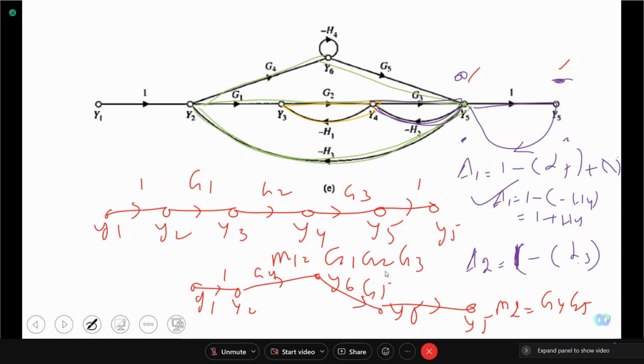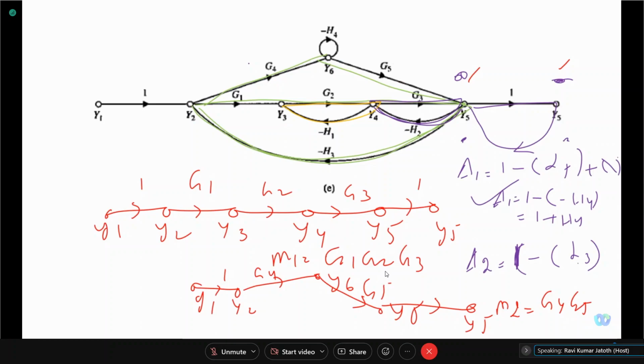Okay, now delta 1. Directly 1 plus H4. Delta 1 will be 1 plus H4.